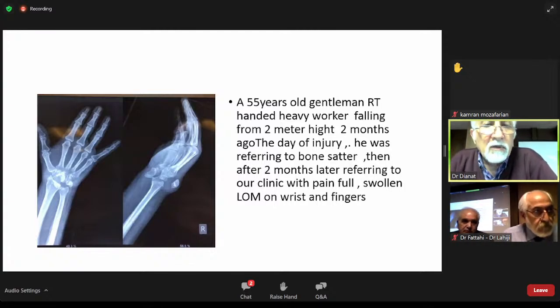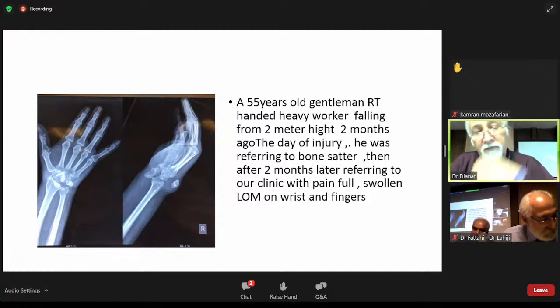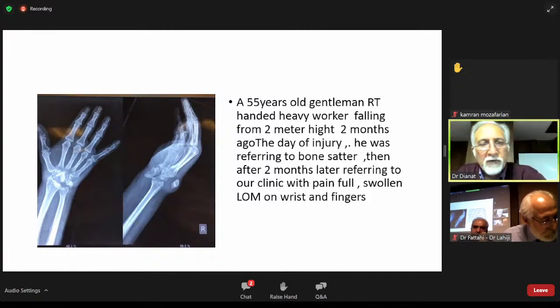I cannot categorize this kind of fracture dislocation. This is the first time I have faced this kind of fracture dislocation.